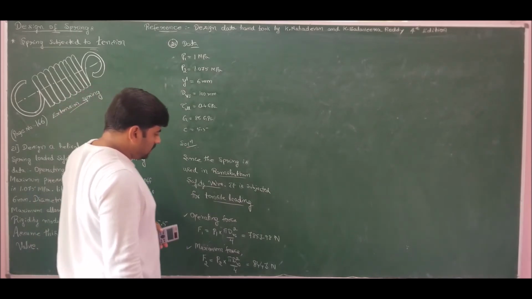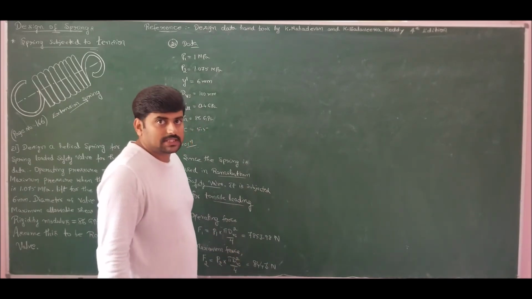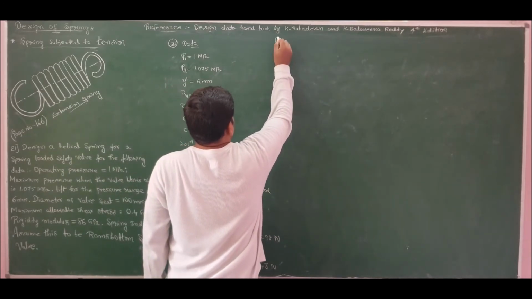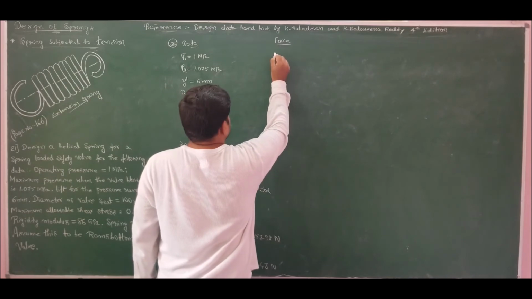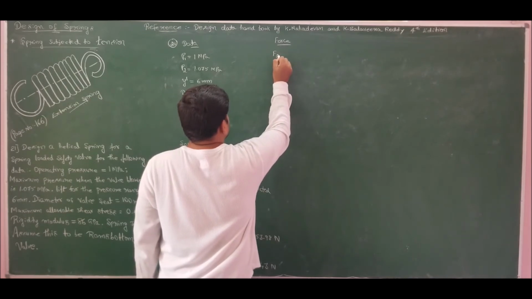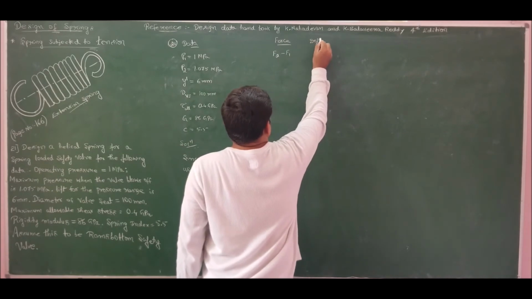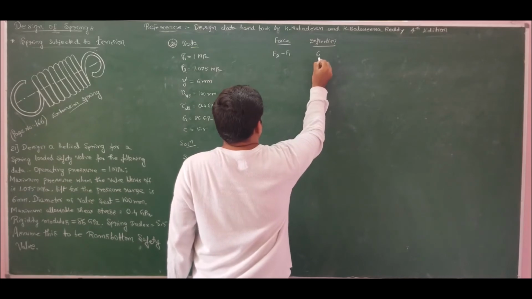So how much is the deflection for the maximum force of 8443 newtons is the question. That is, for force of F2 minus F1, we have a deflection of 6 millimeters.